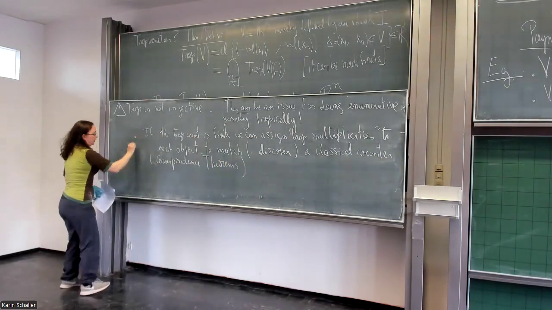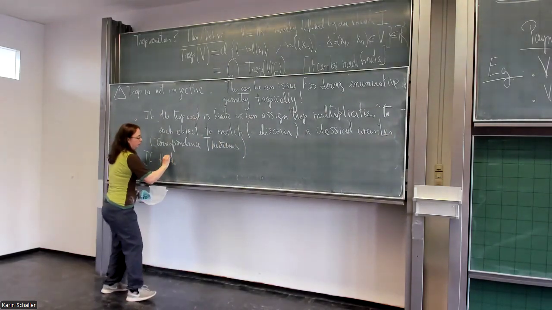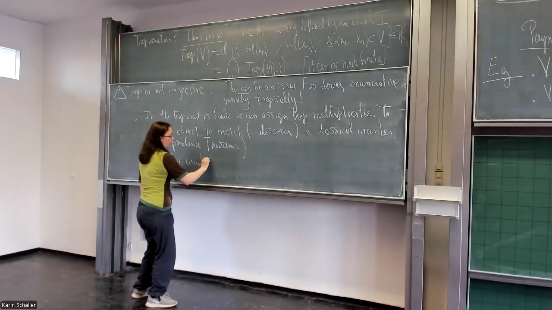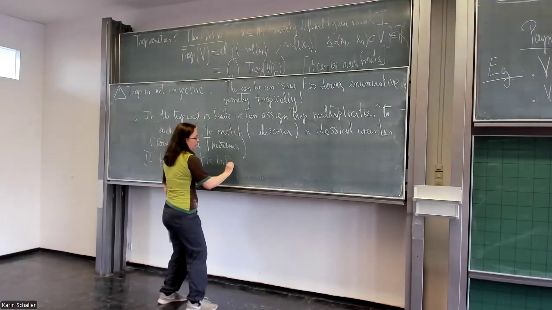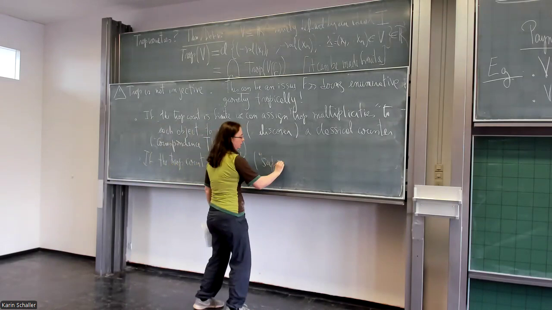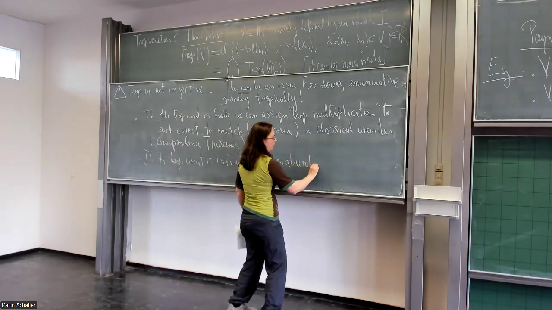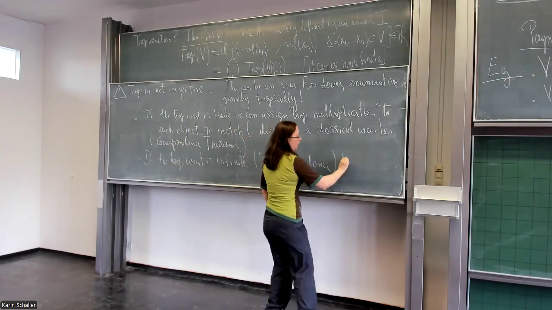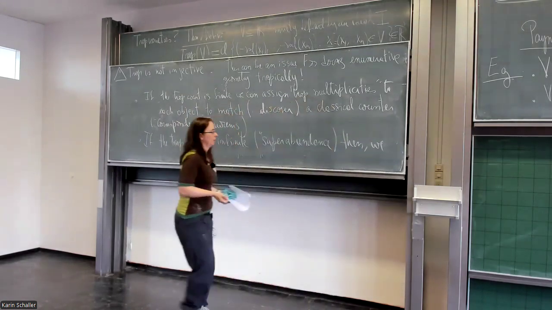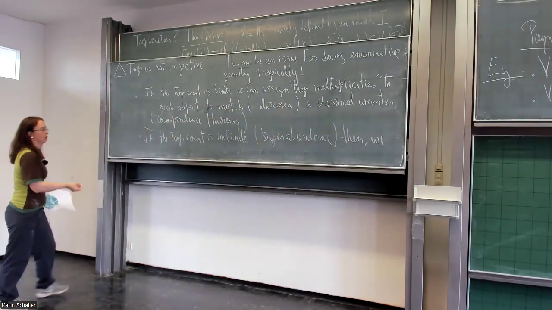And of course, if the count is infinite, let's say the tropical count is infinite, this is a phenomenon known as superabundance of tropical objects. Then we need to be able to recognize what tropical object really comes from the classical one.